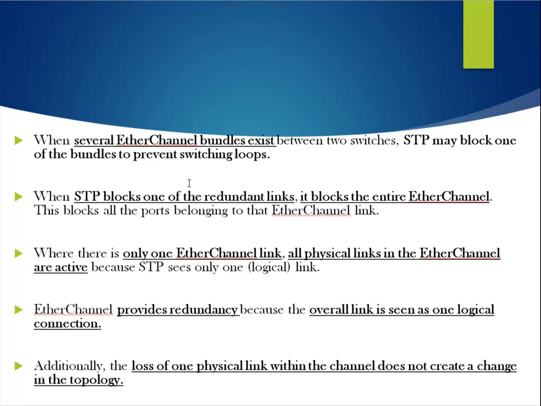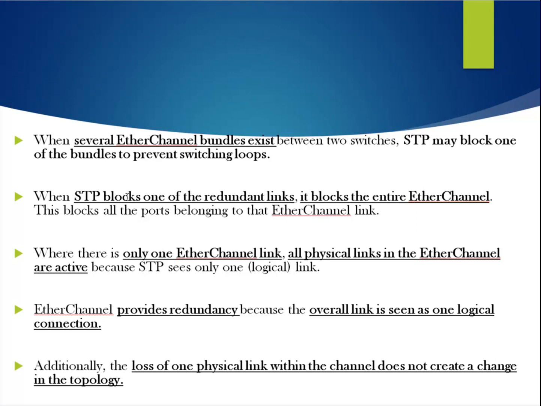In the previous redundancy concept, without using EtherChannel, you have 2 links, and one link will be blocked by the spanning tree protocol. But now I am going to have EtherChannel bundles, 2 or 3 or 4 EtherChannels between the two switches. In that case, any one of the EtherChannels will be blocked in order to avoid loops. So this is the concept.